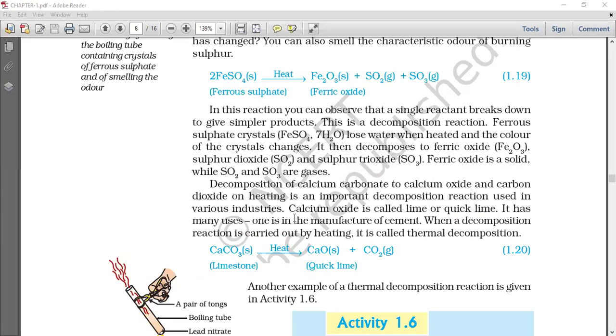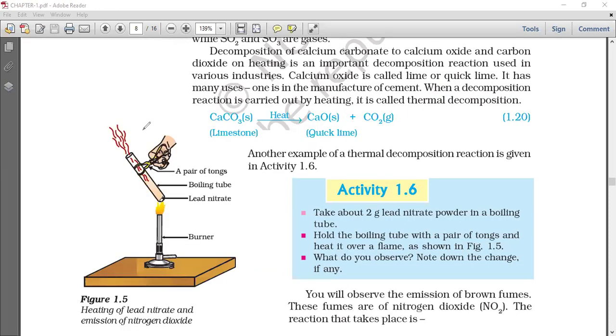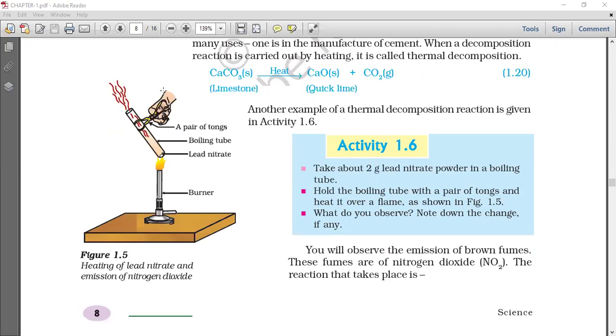Now another activity, 1.6. For this activity also, the video has been uploaded, linked in the description. Heating of lead nitrate and emission of nitrogen dioxide. Let us see another example. Activity 1.6: take 2 grams of lead nitrate powder in a boiling tube.